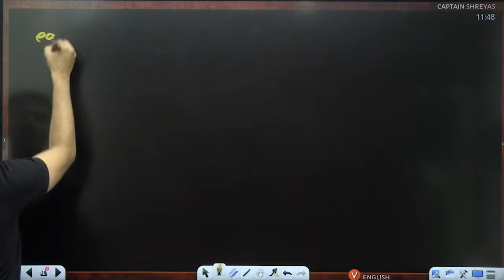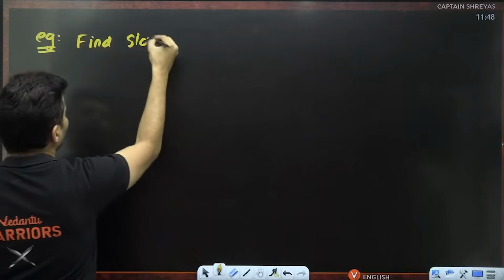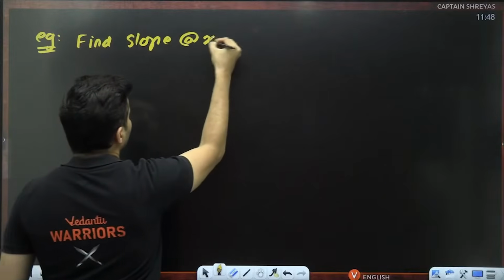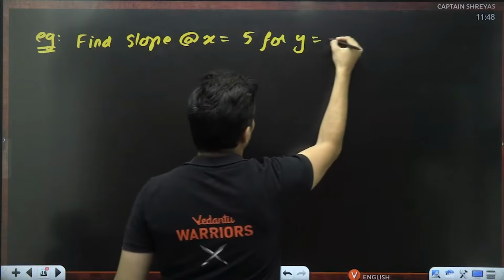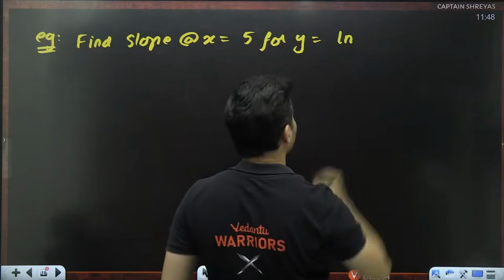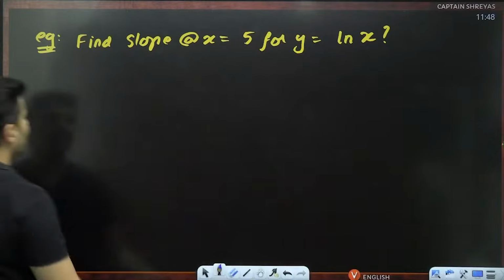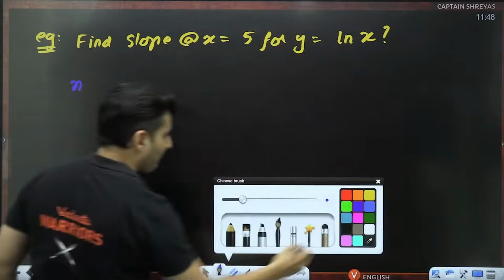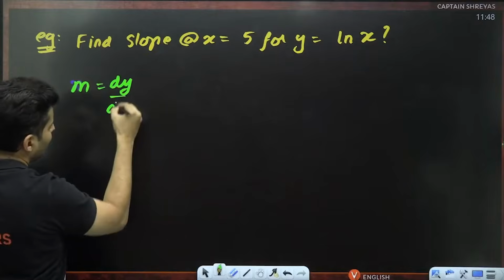On your screen now. Find the slope at x is equal to 5 for y is equal to ln x. That is the question. First of all, if I want to find the slope, means I have to find dy by dx.